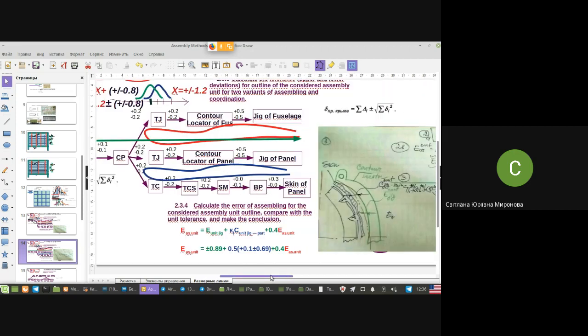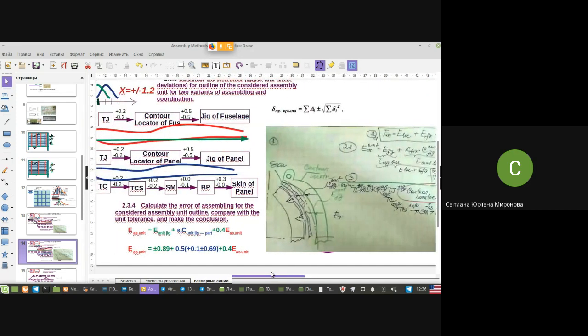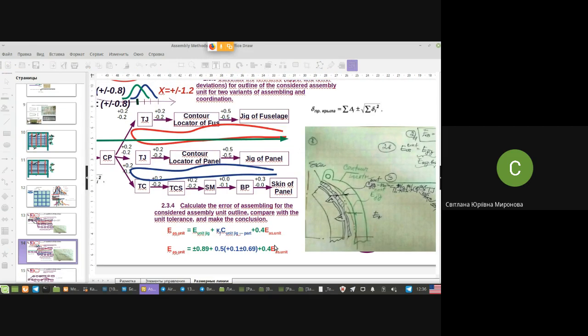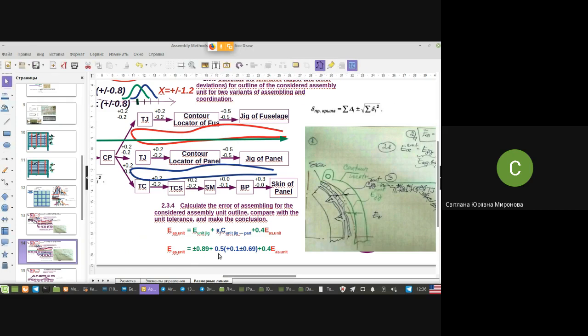And next, we are going to add one more component of this equation, which equals 40% of error of assembling. What does it mean for us? It means that when we calculate these two values, as we decided that is 40%, this is 60%. So we're going to summarize them, divide by 6, multiply by 10, and as a result we have 100%.